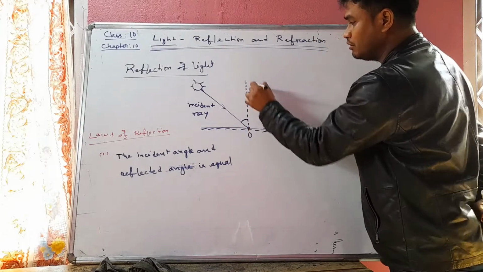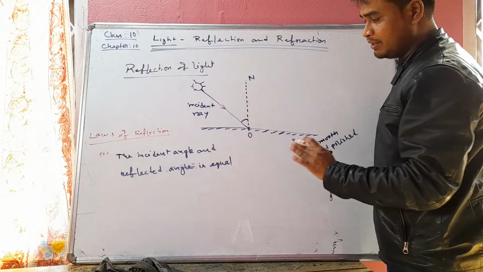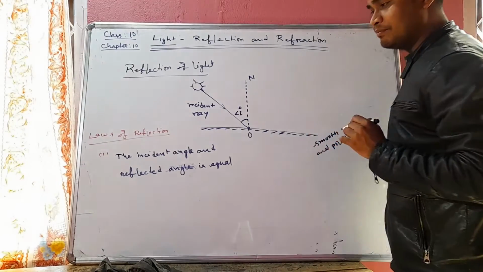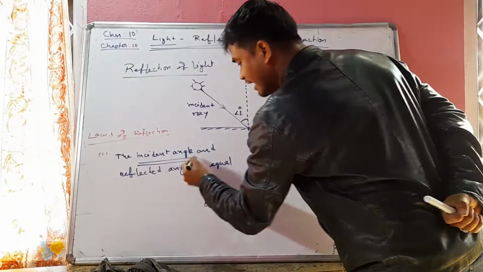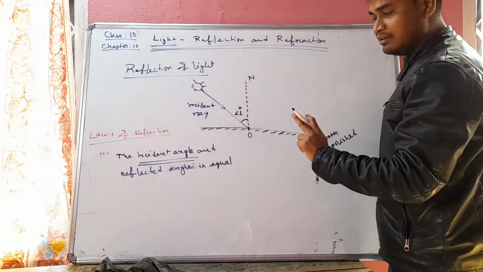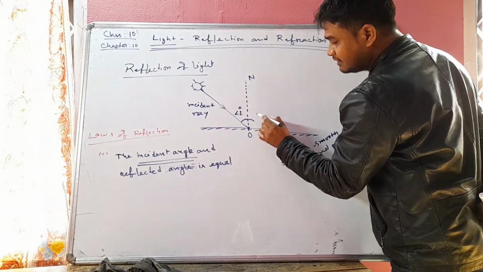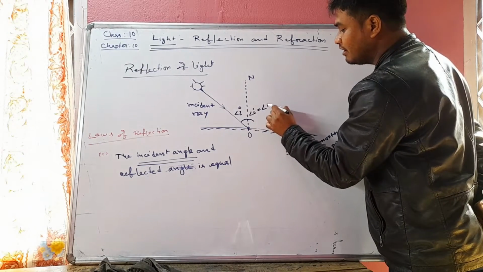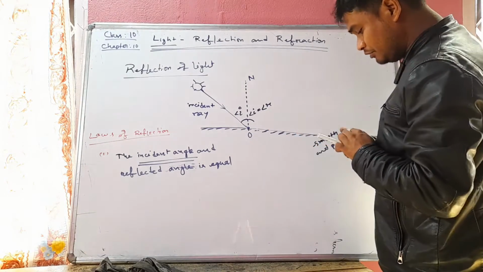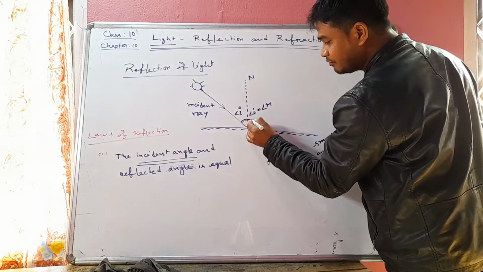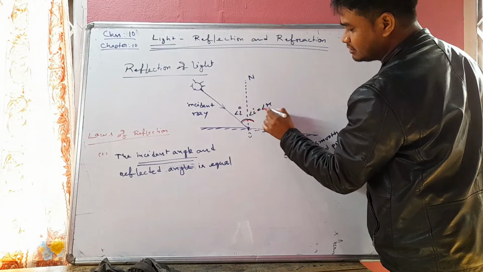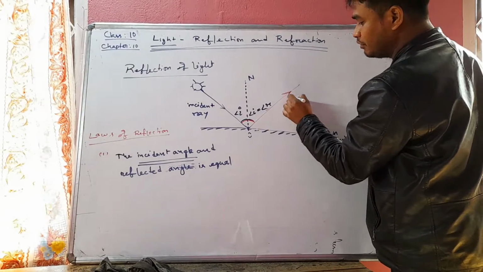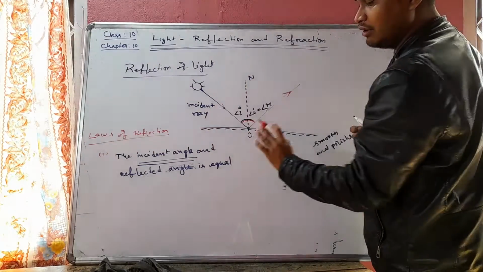Let us consider this is O, this is N. ON is the normal. The angle made by this incident ray is called angle i. The incident angle should be equal to the angle of reflection, angle r. So angle i and angle r have the same value. Therefore the light will follow this path only, according to the first law of reflection.